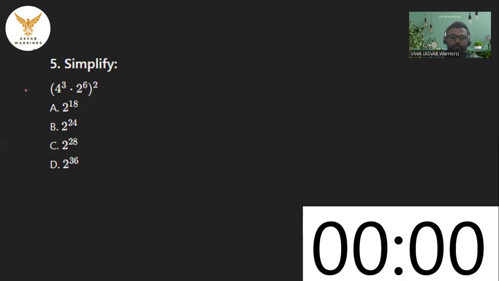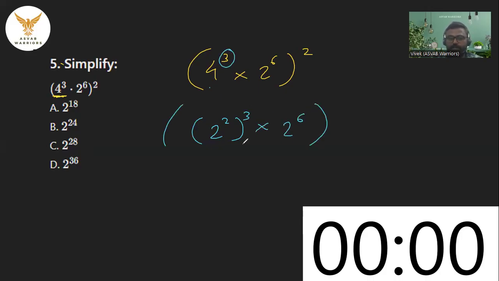Let me solve it. This 4 to the third power times 2 to the sixth power to the power 2. So this 4 can be written as 2 to the power 2, keeping this 3 power as it is, times 2 to the power 6 to the whole power 2.